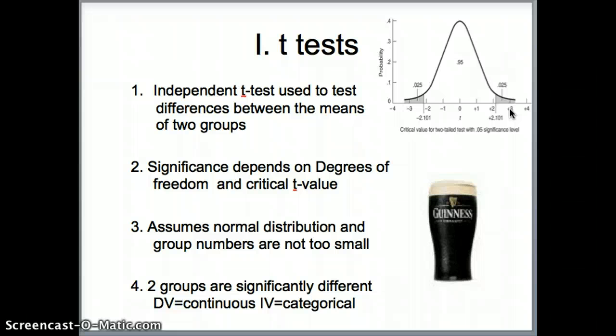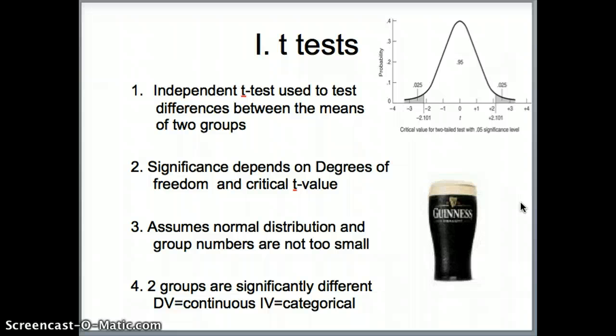But there are some assumptions for a t-test, and one is that it assumes a normal distribution, that your distribution for the most part follows the bell-shaped curve, and that group numbers are not too small. So the number of observations you have in each group should not be too small. And a t-test, of course, measures the means between two groups.